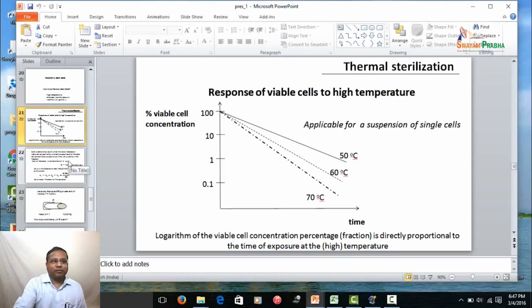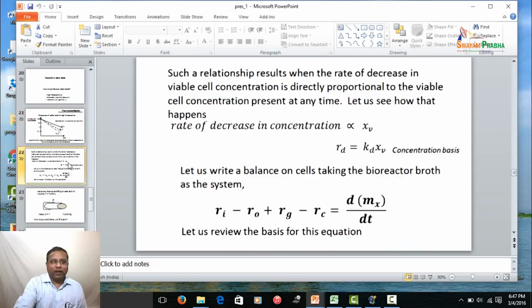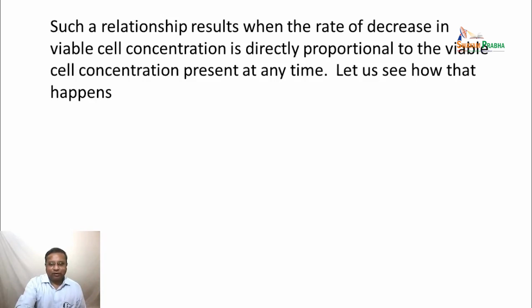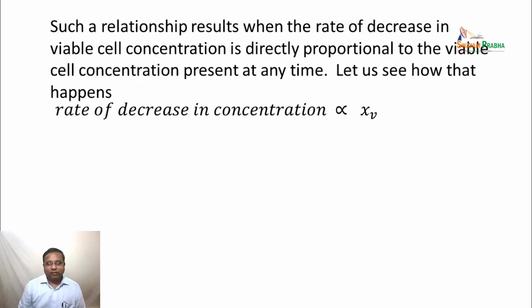We said that we could analyze this situation if we considered the rate of decrease in concentration to be directly proportional to the concentration of viable cells, a sort of a first order relationship.